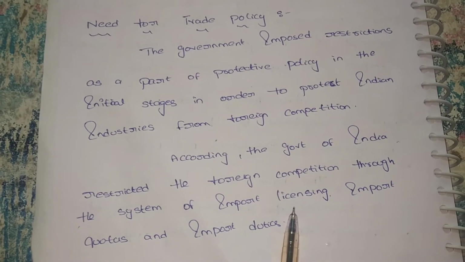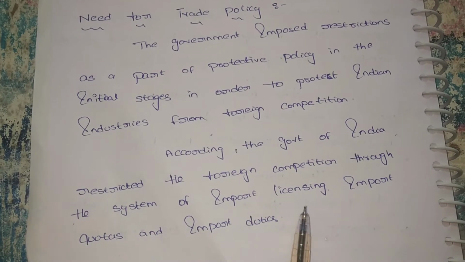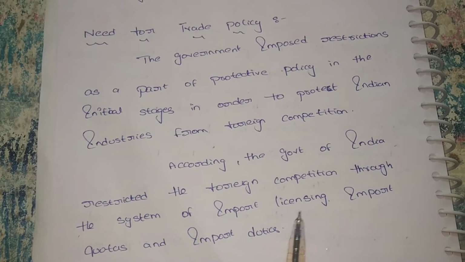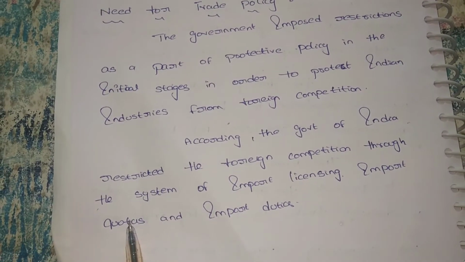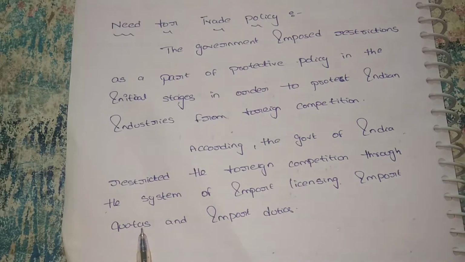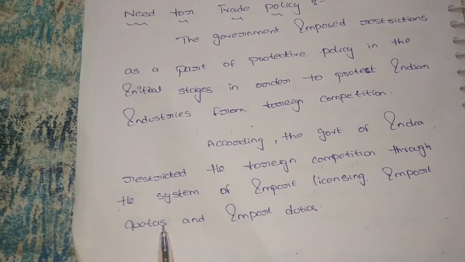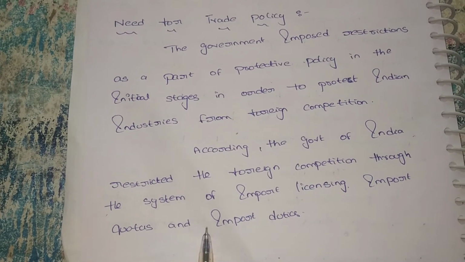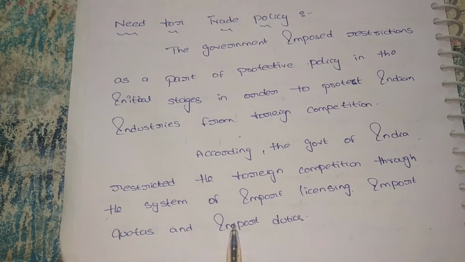In which way are they restricting? By using import licensing. In import licensing, as already discussed, we have to take a license, and only up to the limit, for particular goods, we can import. And import quotas: in the previous class we also discussed different types of quotas, like unilateral quota, bilateral quota and mixed quota, based on product.